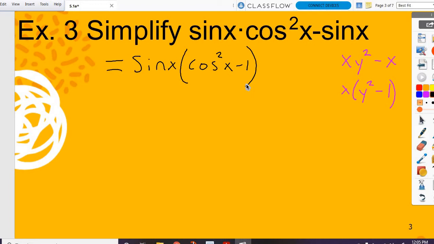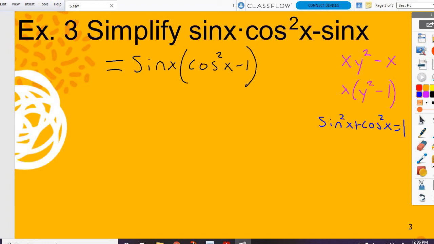Yes, because there's a 1 and a cosine squared, so it looks kind of close to which one? The Pythagorean one. So let's go ahead and write that out. I have sine squared of x plus cosine squared of x equals 1. Yes?